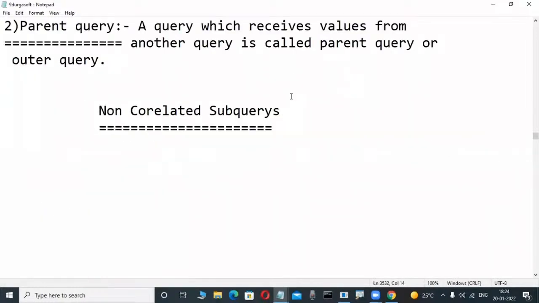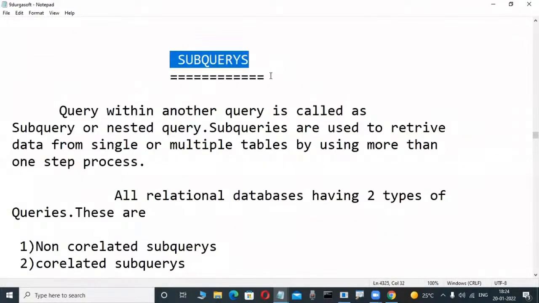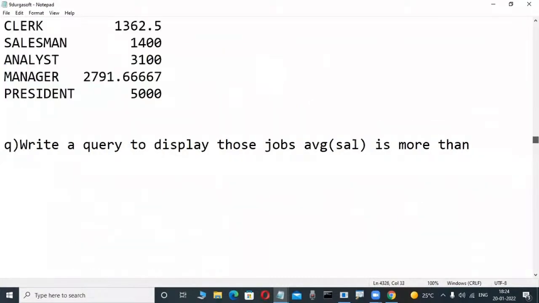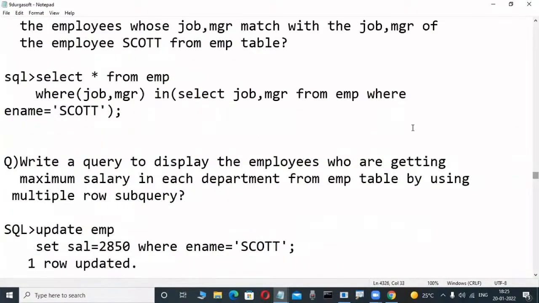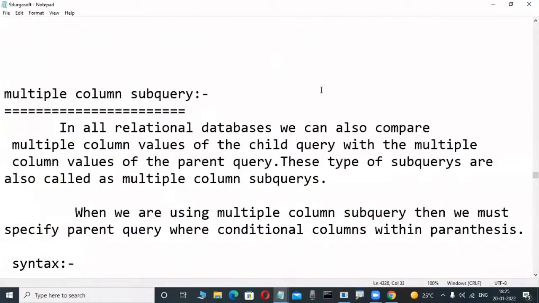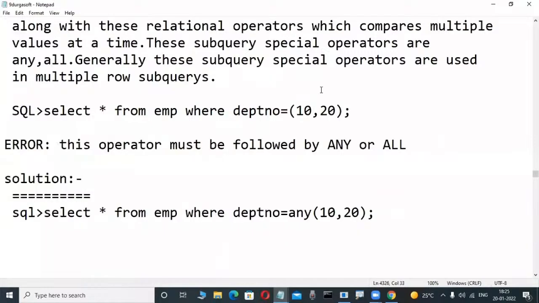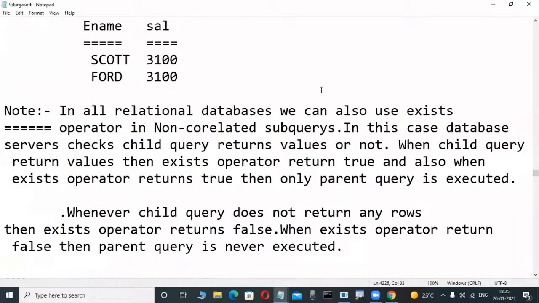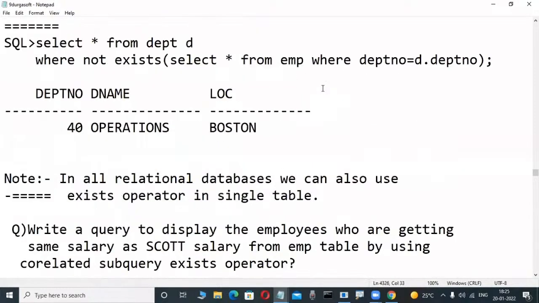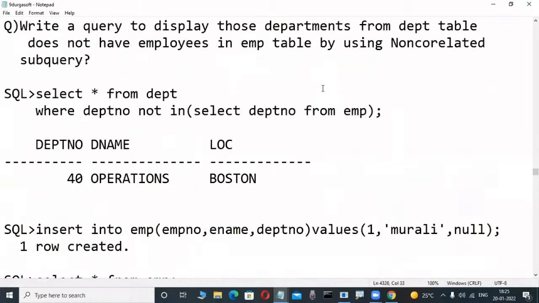In a database, subqueries are most powerful. In this chapter we are learning about interview questions. Suppose you are attending an interview: display the nth highest salary employee, second highest salary employee, delete duplicate rows. These types of things are there, and we are learning all of them in our course.